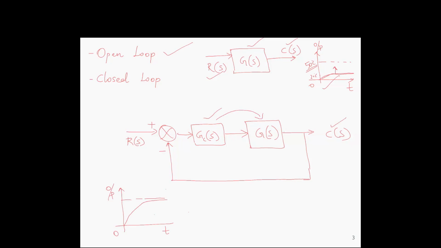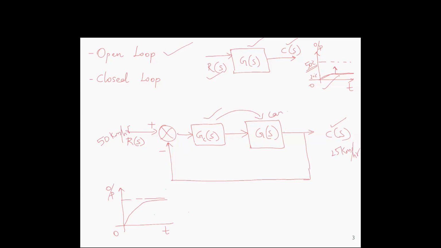So suppose in an automatic vehicle speed control system, the plant is the car or the vehicle. Now the desired speed of the vehicle, say 50 kilometer per hour, and the output right now is 25 kilometer per hour.